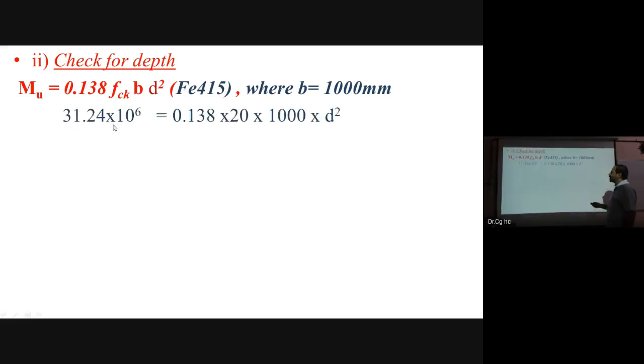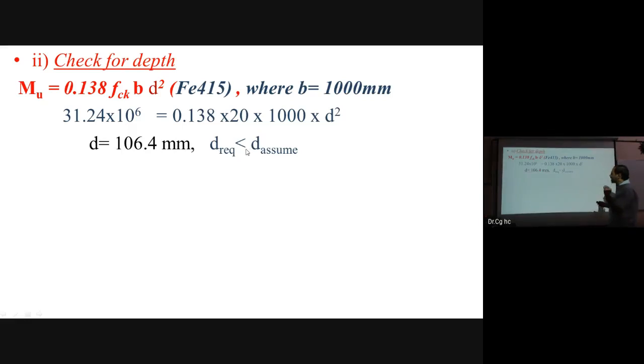We have 31.24 into 10 to the power of 6 is equal to 0.138 into FCK, which is 20, and B is 1000. Now let us calculate D. What is D square? We are going to get D equal to 106.4 millimeter. To resist this moment, we want D as 106.4 millimeter.